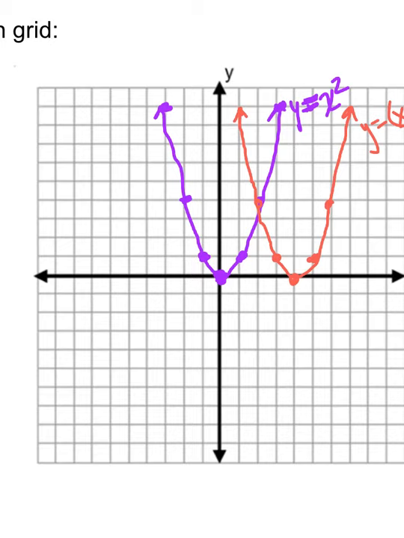The other one is 4 units to the left. Every point on that original graph gets shifted 4 units to the left.